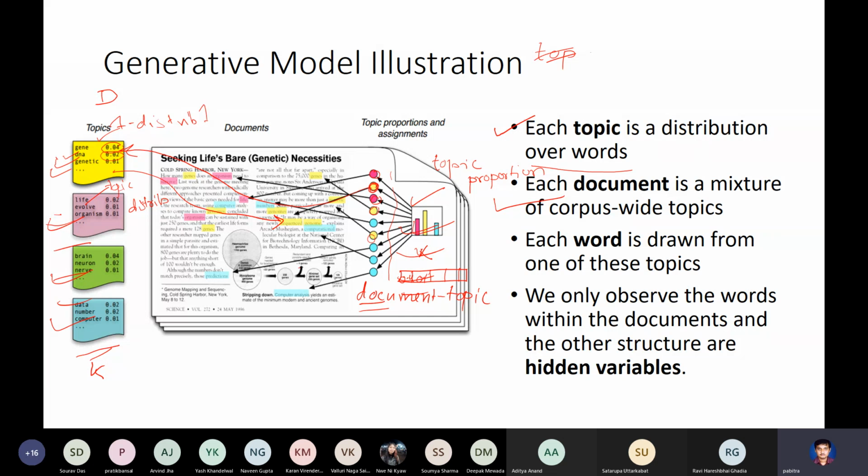And all this topic, and then the distribution of words in a topic and topic proportions in a document, these are kind of imagined. They are latent. They are not observed. Okay. The only observations are the words that you see. Right. But these latent variables are introduced to model the generative process. And it's purely an assumption. It has its limitations, but we see that these assumptions are good in two ways.